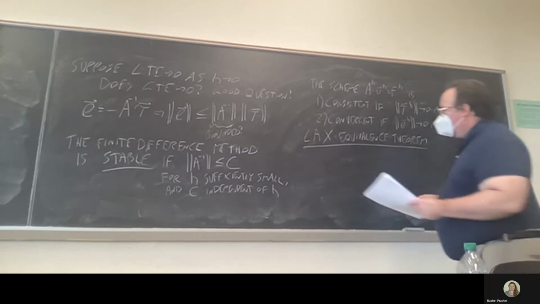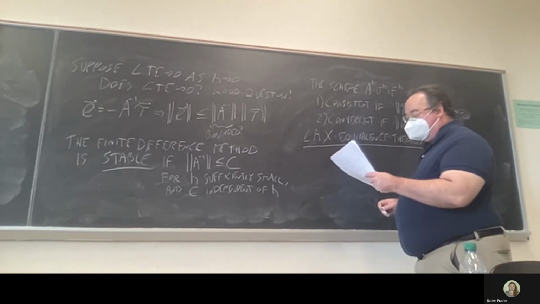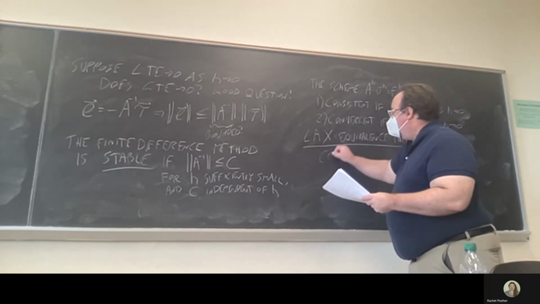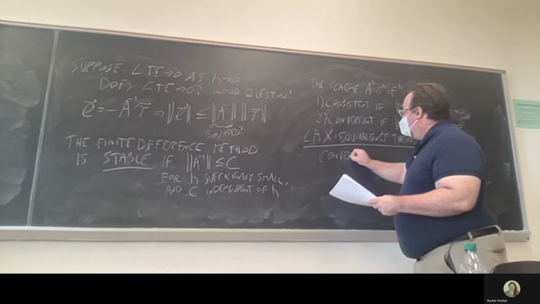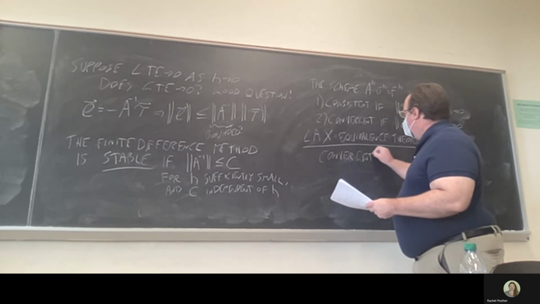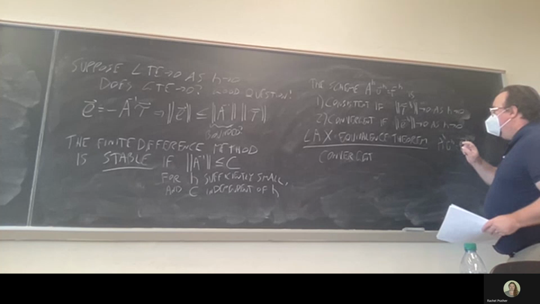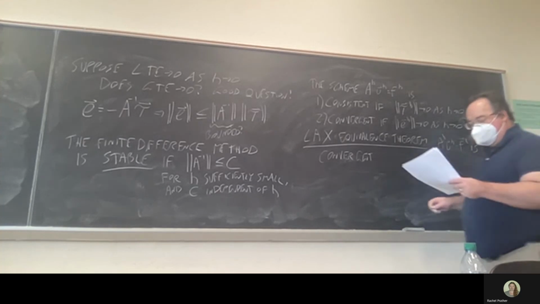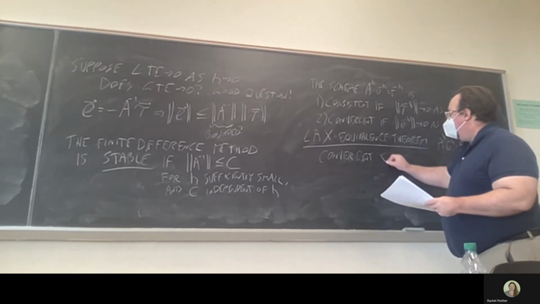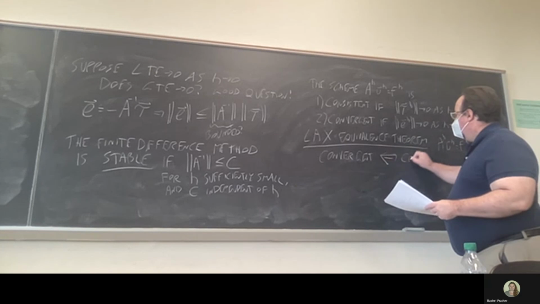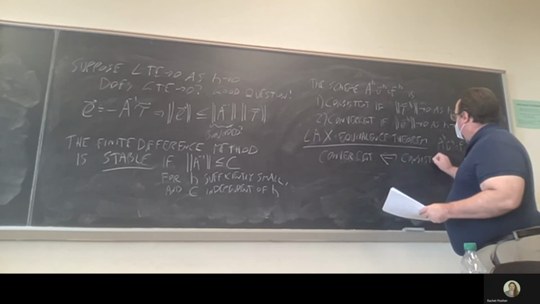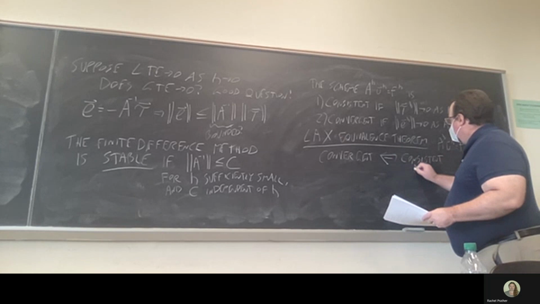Very quick to state: the scheme A^h u^h equals f^h is convergent if and only if it is consistent and stable.